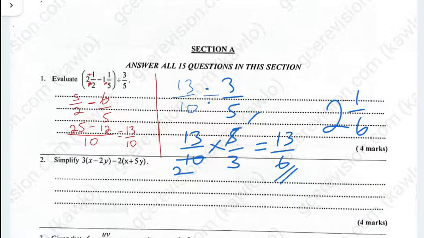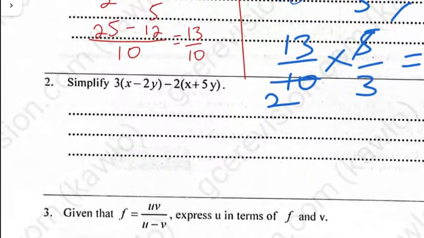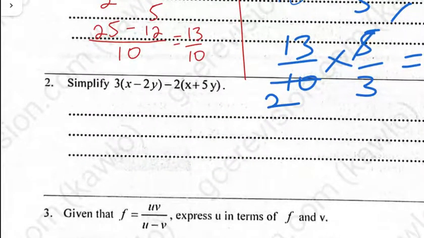Now the second question reads, simplify 3 into x minus 2y, minus 2 into x plus 5y. So let's simplify this together. Here we're using the distributive property for expansion.